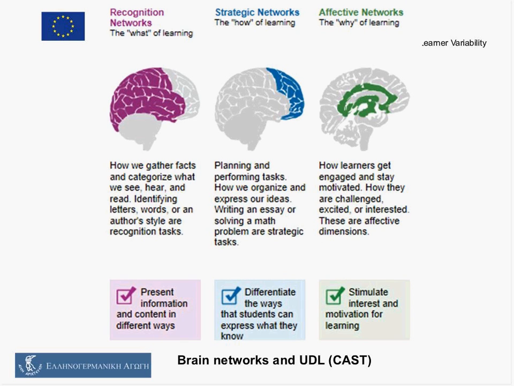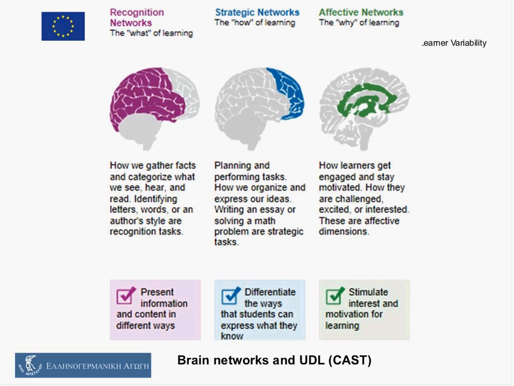Here we can see the three different brain networks. The recognition networks are the what of learning, the strategic networks are the how of learning, and the affective networks are the why of learning.